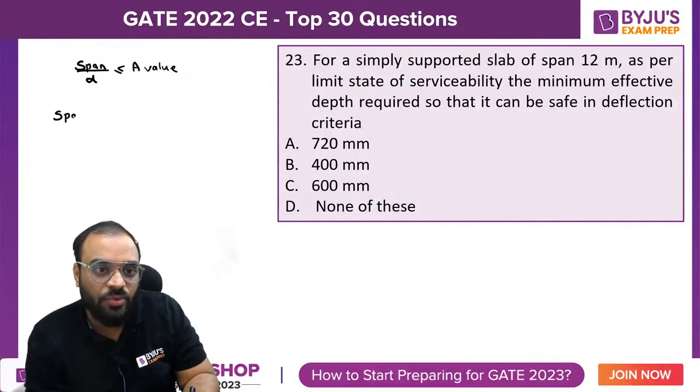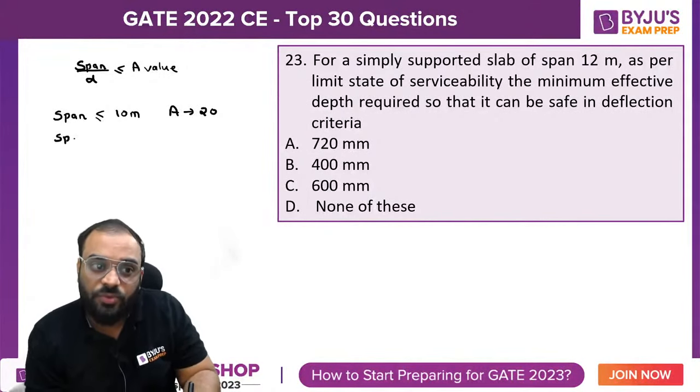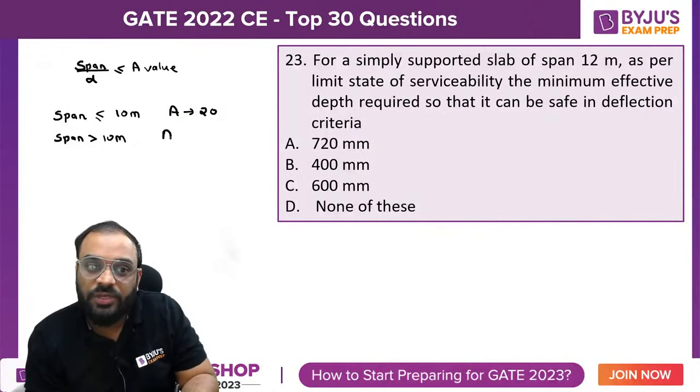If the span value is less than or equal to 10 meter, then the A value will be 20 for a simply supported beam, correct? But if the span is greater than 10 meter, then this A value will get modified and it will become 20 multiplied by 10 by span, right?